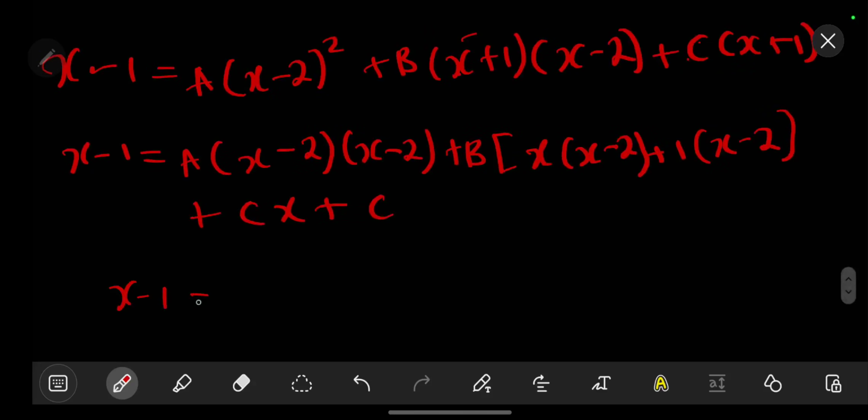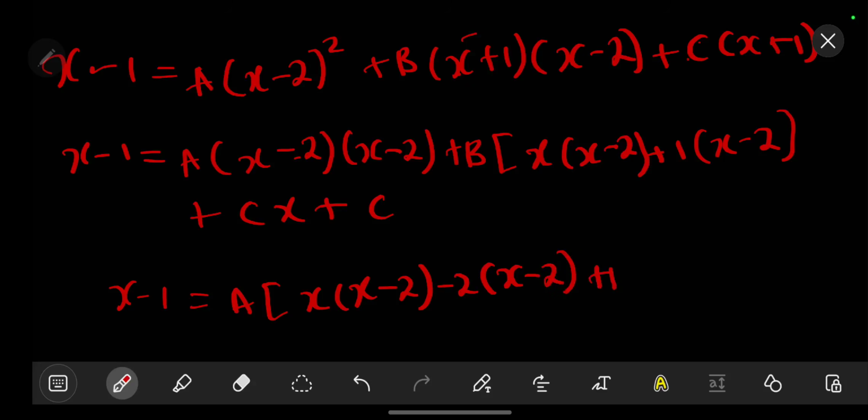So our x minus 1 should be equal to, we have our a, so here we are going to have our x multiplies everything, so this x multiplies everything, it will be x minus 2. This negative 2 multiplies everything, it will be x minus 2. Then we have plus our b, like that. X times x, it will be x squared. X times 2, it will give us negative 2x.